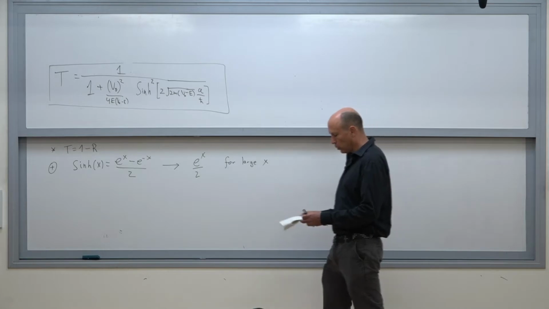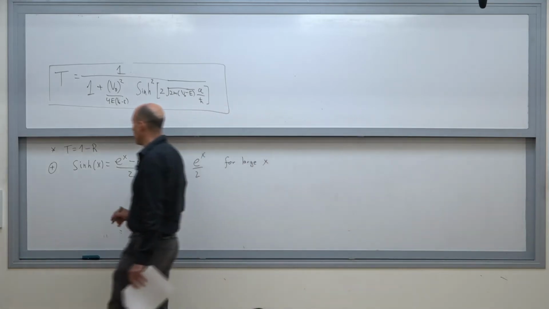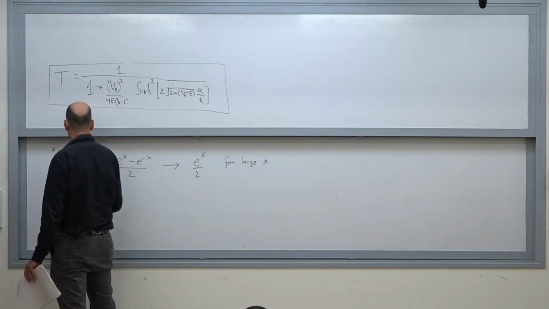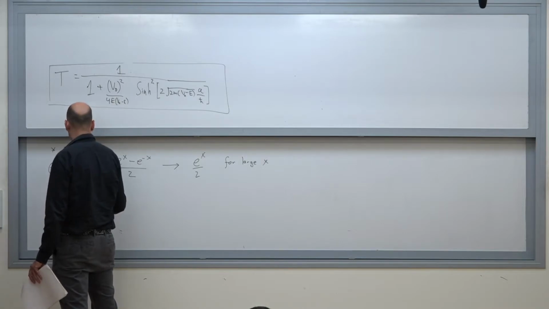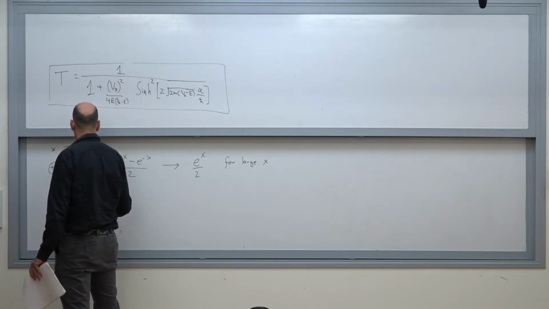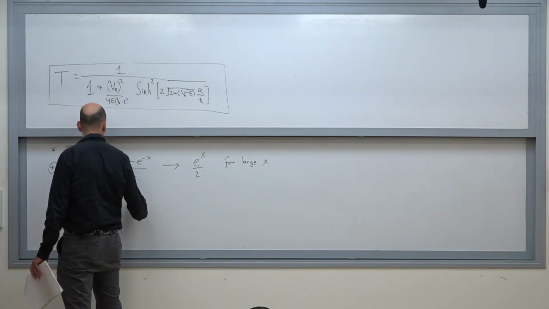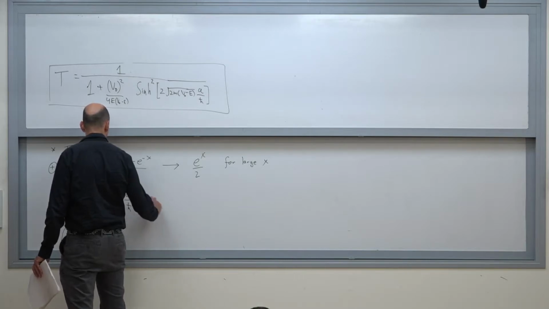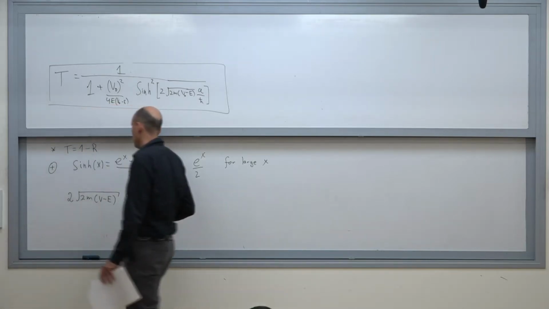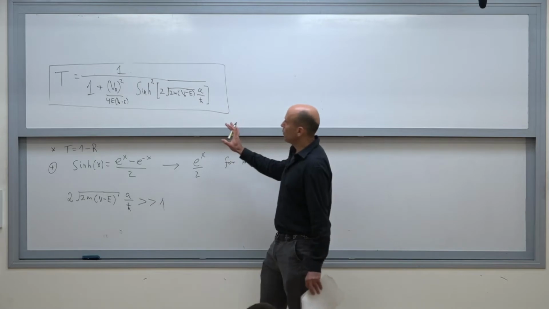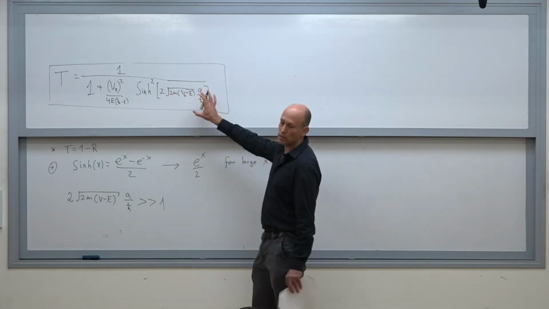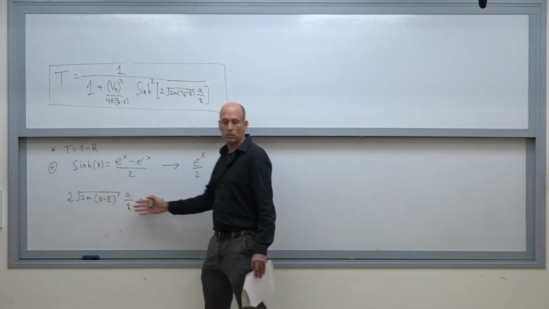So what will happen for the case that 2 times the square root of 2m (V minus E) times a over h bar is much, much bigger than 1? First of all, this parameter that you have inside has no units.